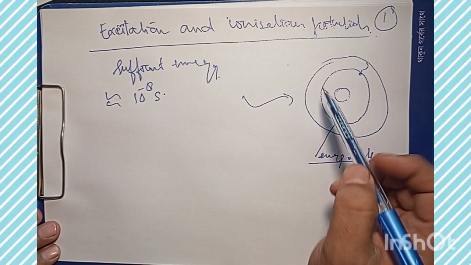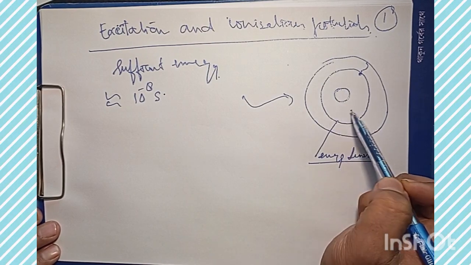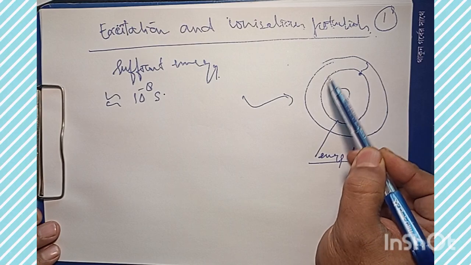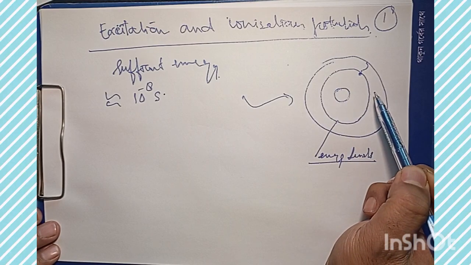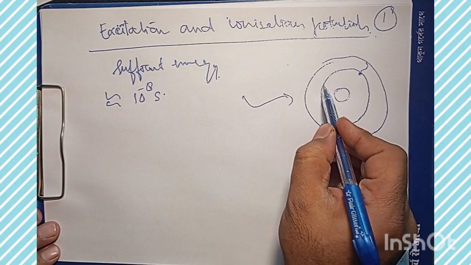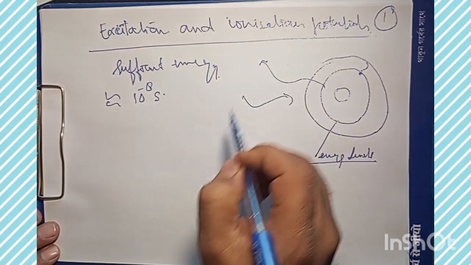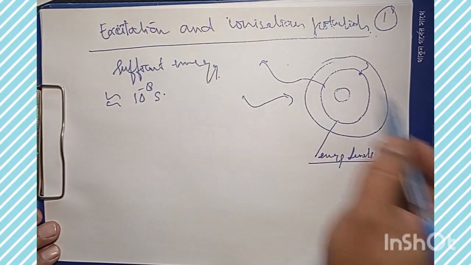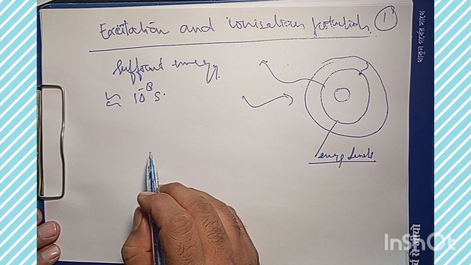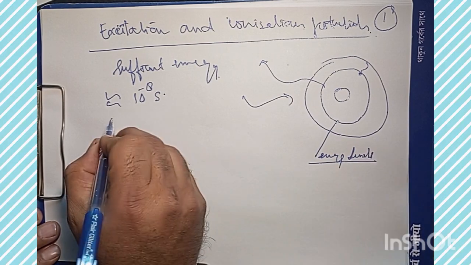Now, when an electron in this atom gains sufficient energy so as to escape completely from the atom, the atom is said to be ionized.